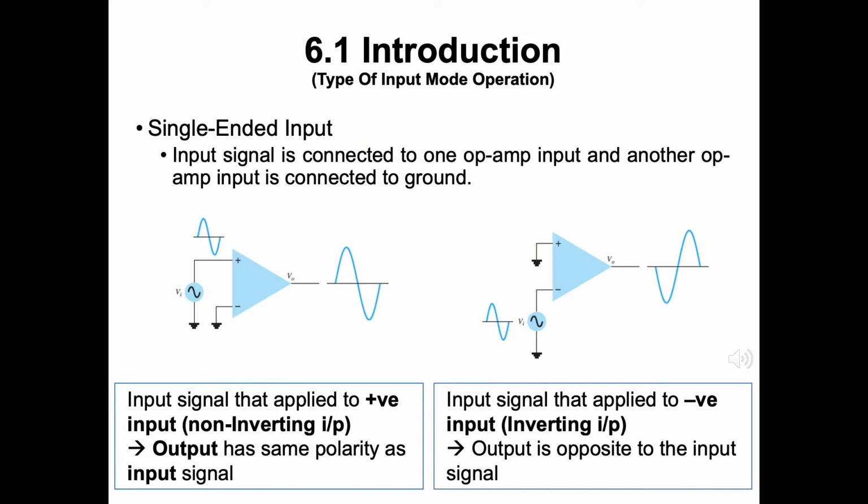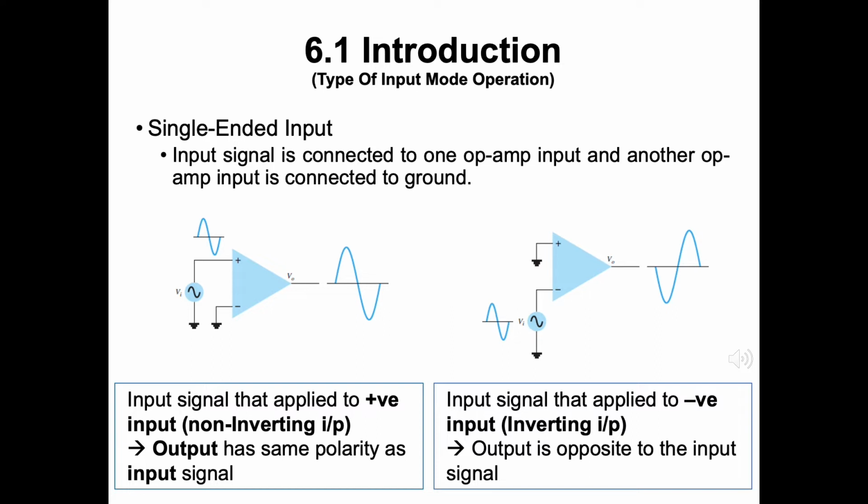To introduce the op-amp's input mode operation, we will show a figure which will help students understand the basic idea of the output and both the inverting and non-inverting inputs. In this slide, we have two example cases of the single-ended input type of op-amp.